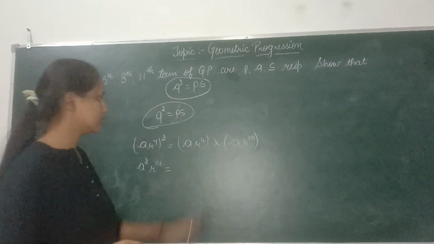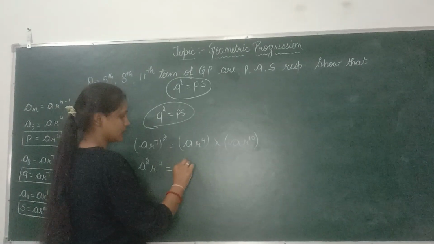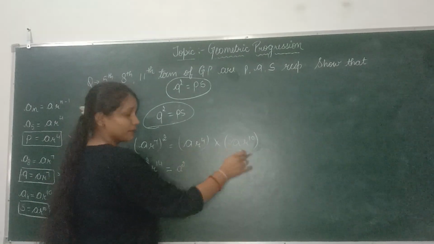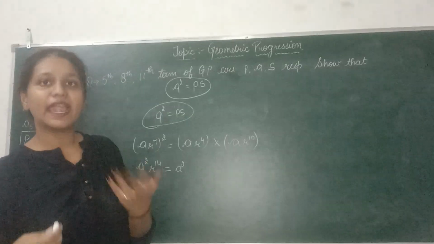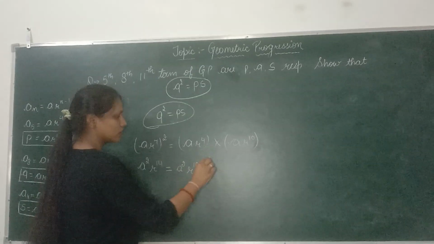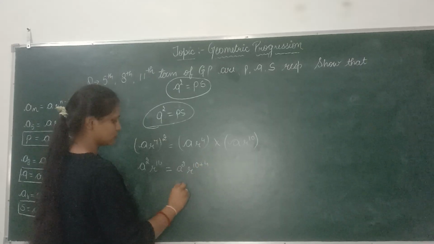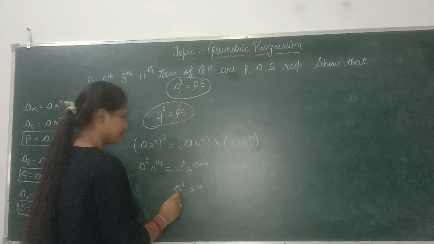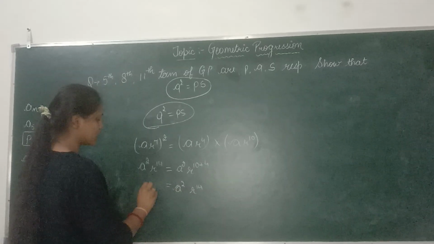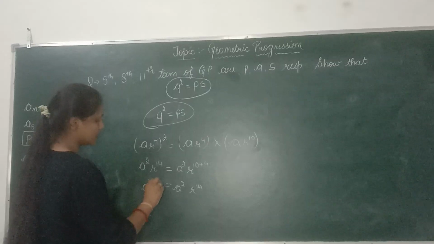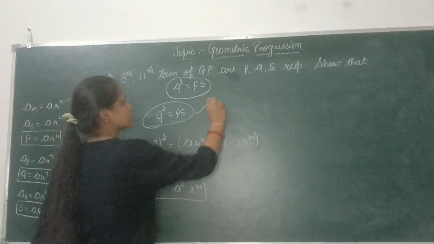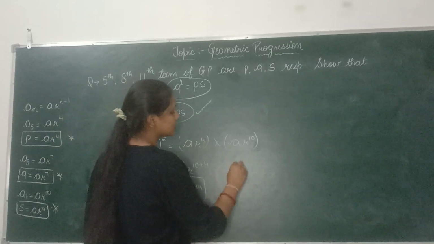On the right side, multiplying A by A is A square, and for R power 4 and R power 10, when the bases are the same, powers get added, so 10 plus 4 is 14. So the right side is A square R power 14. Left hand side is equal to right hand side, so this equation holds. We can say that Q square is equal to PS.